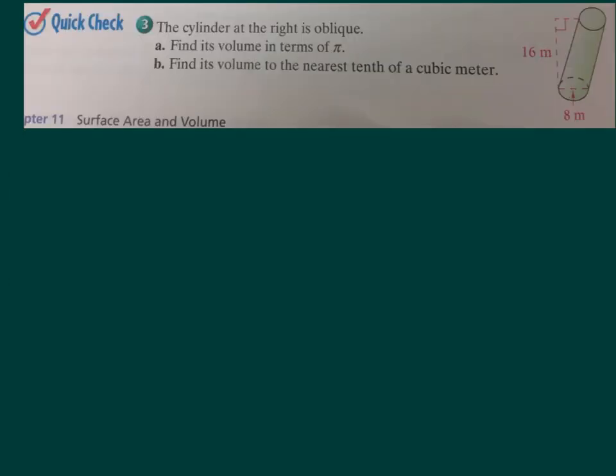Quick check number 3 says, find the volume of the oblique cylinder at the right in terms of pi and to the nearest tenth. Please pause the video while you try to figure this out.